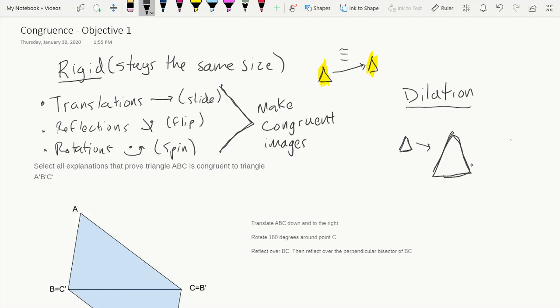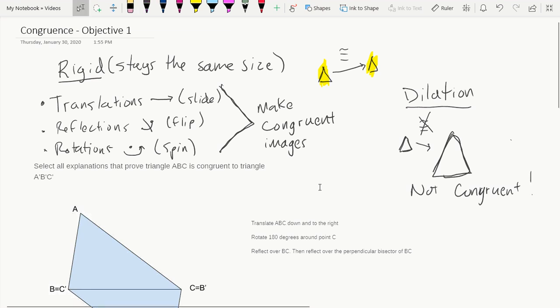But notice that those 2 things are not congruent, because they're not the same size. So anytime you see a dilation, that is not going to create congruent. So we need to know those.